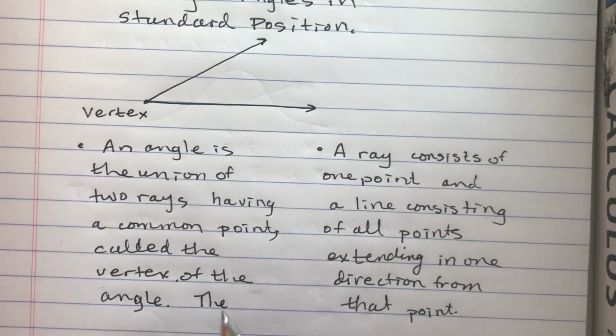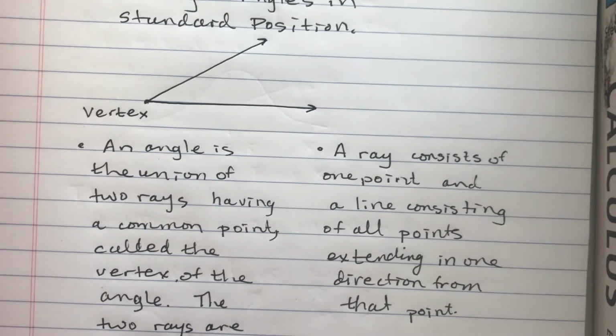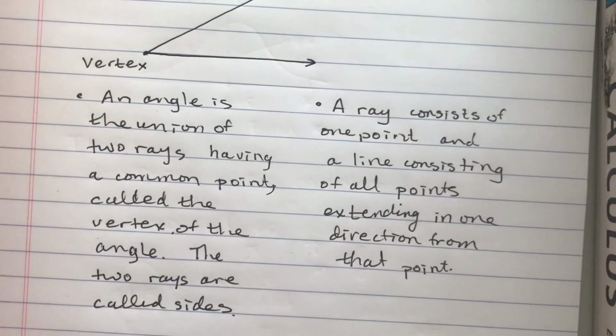The two rays are called sides. I mean, it's something that you can just visualize, right?